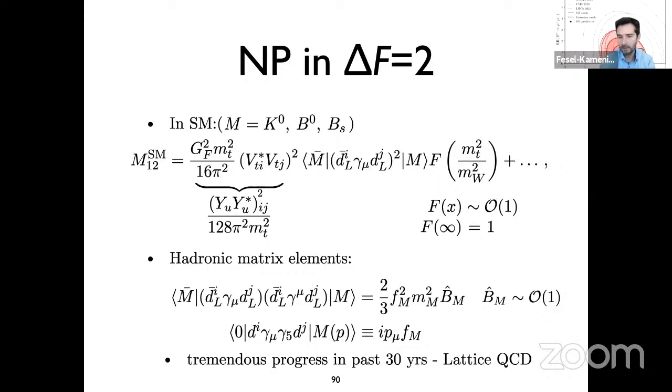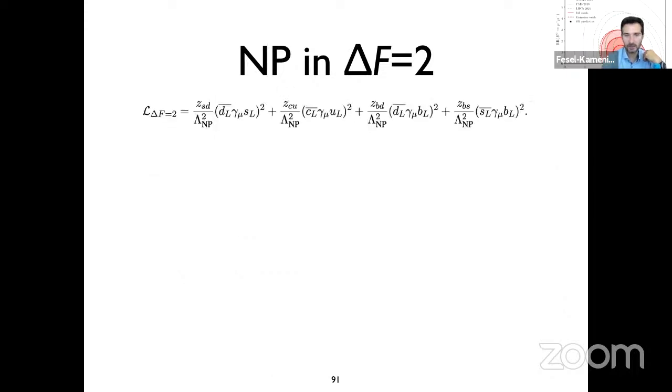There is a way to parameterize these matrix elements, and the parameters are computed using lattice QCD. This allows us to predict the relevant flavor observables in the standard model using these effective field theory techniques and non-perturbative calculations of hadronic matrix elements.